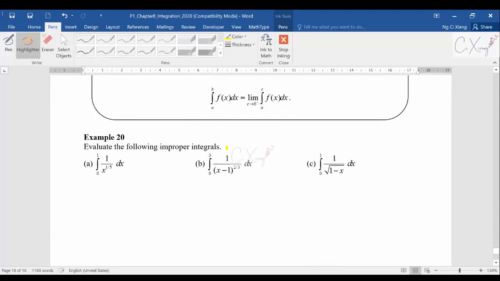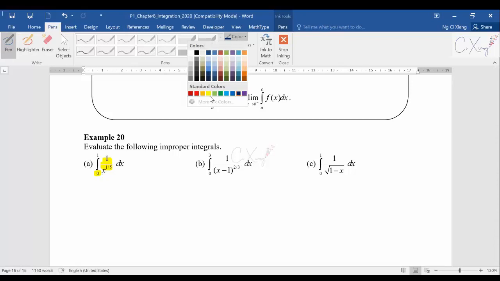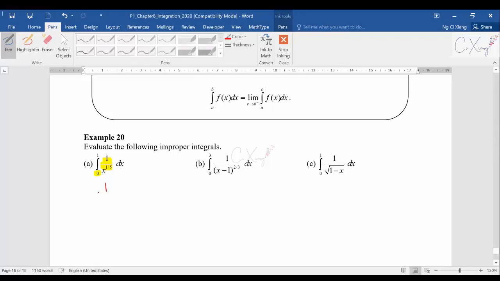Alright, so if you look at it, for this one, it's just like a very normal type of integration, right? But why do we put it under the improper integral part? The reason is because you see the limit and you realize that when you try to substitute the limit into the original function, you're having 1 over x power 1 over 5, so you're having 1 over 0 power 1 over 5.